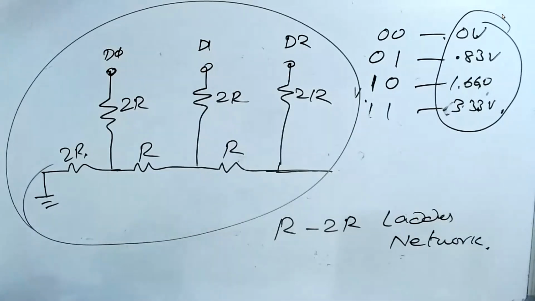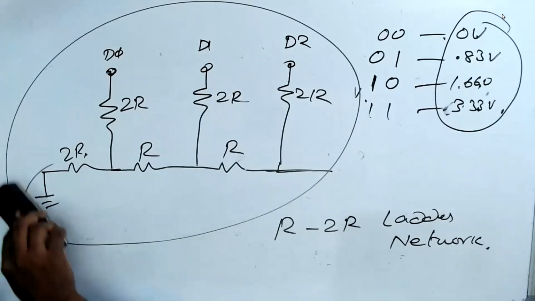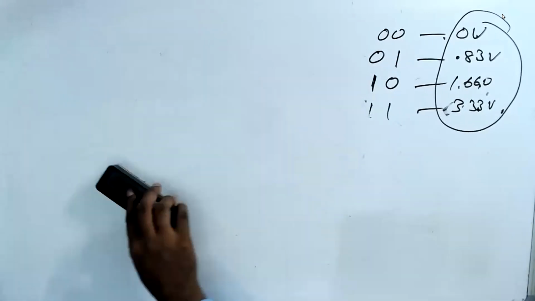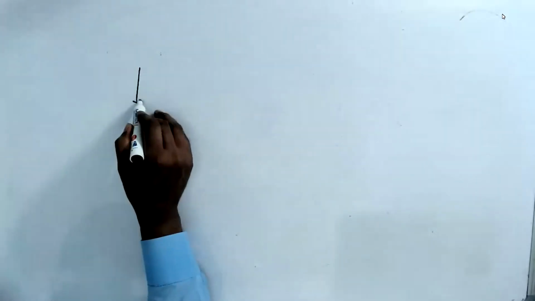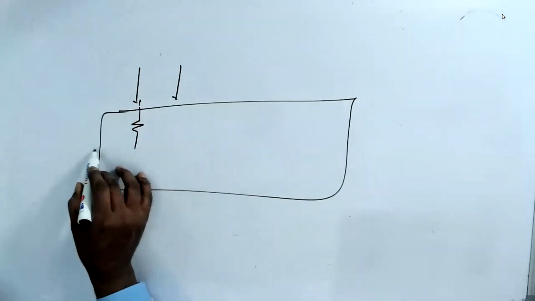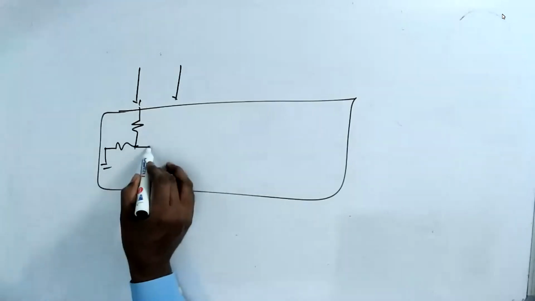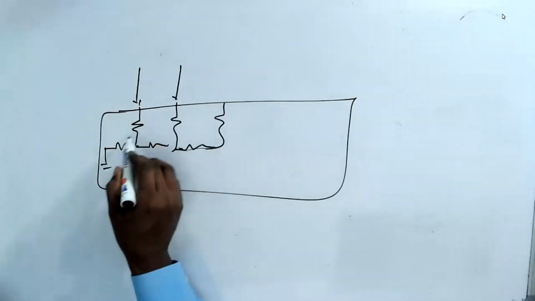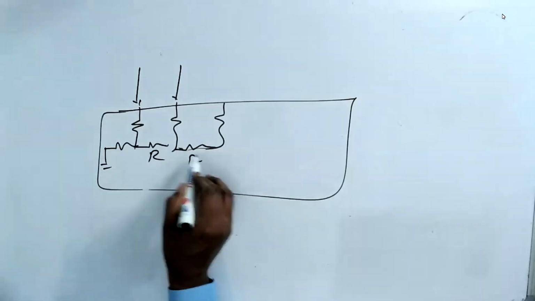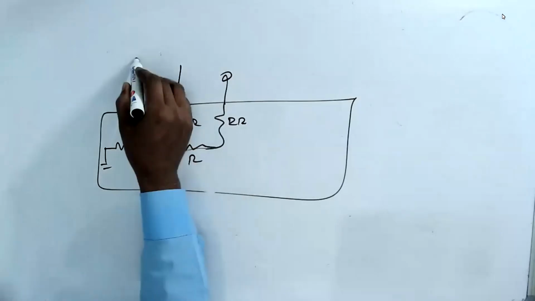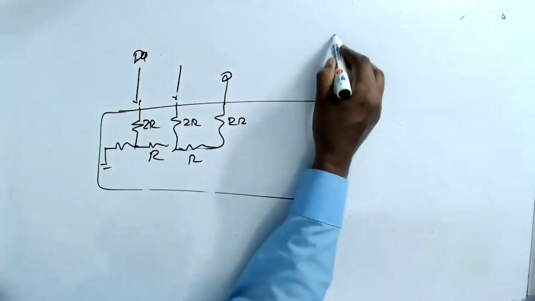Okay. I'm not here to explain this to you, because if you're interested, I can share some videos. It's available on YouTube. I'm not trying to explain how they convert a digital signal into analog by using resistors alone, of value R, 2R, D0 to D7.